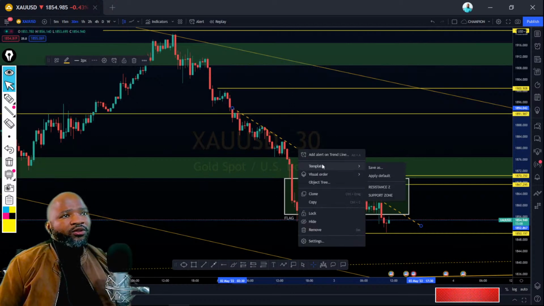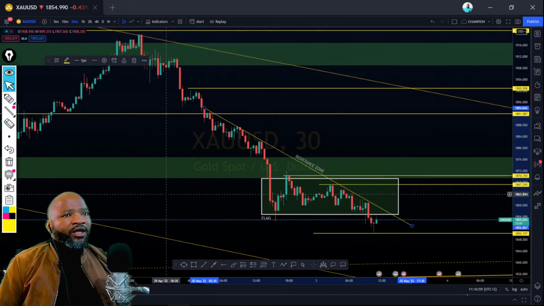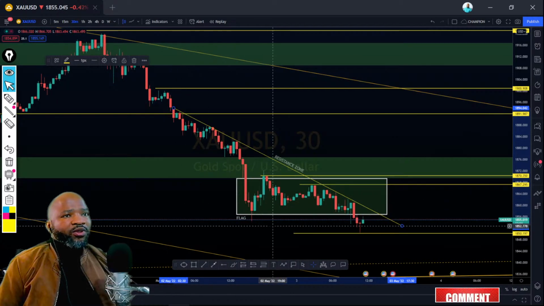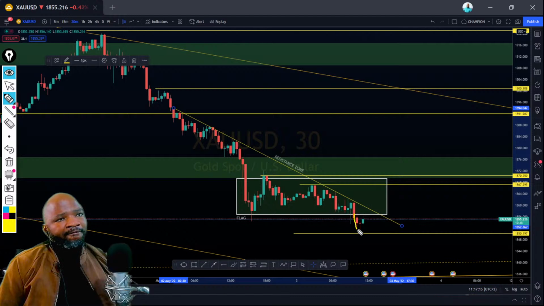Let me use this as a resistance zone. So one thing that I foresee now, our price is presenting us with this type of signal. Now it's retesting. This is what I foresee, and push towards the downside since we broke out of this consolidation.